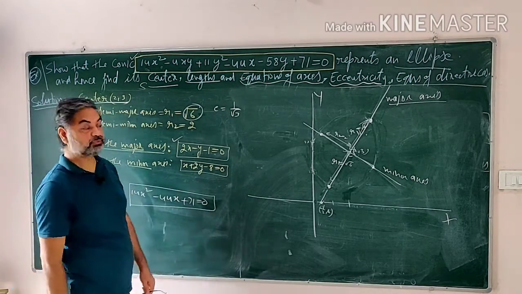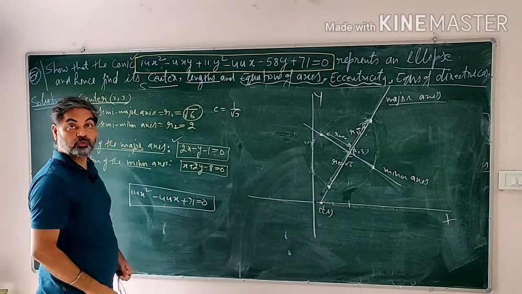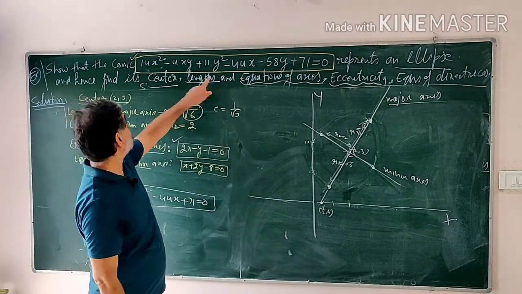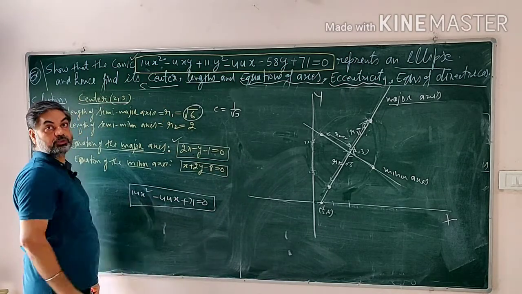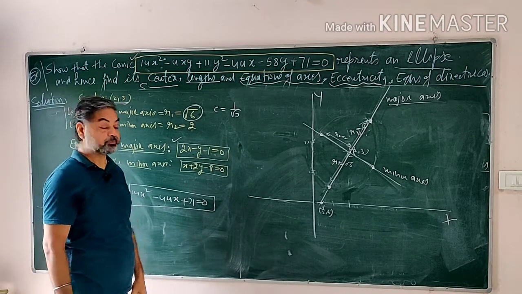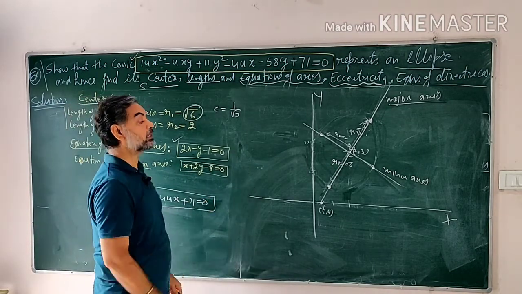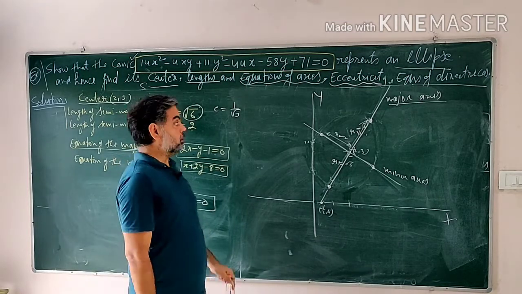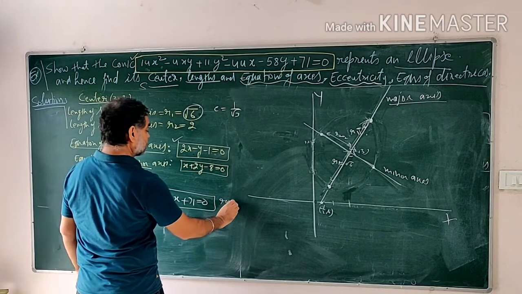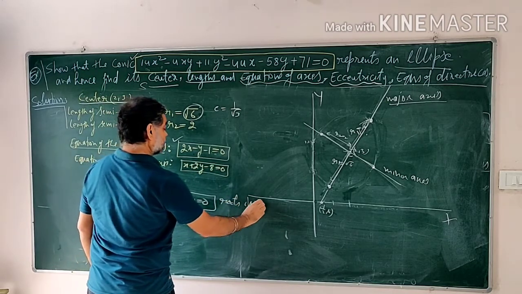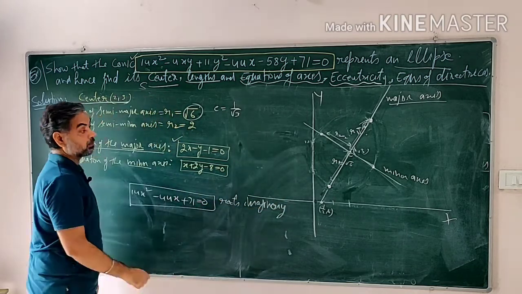When you solve this equation, the roots would be imaginary, which means this ellipse does not cut the x-axis.